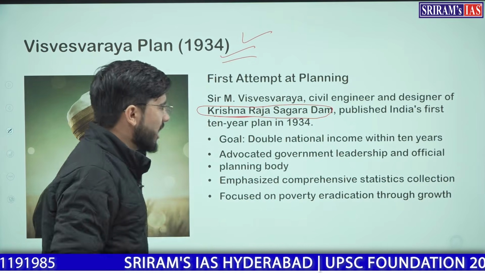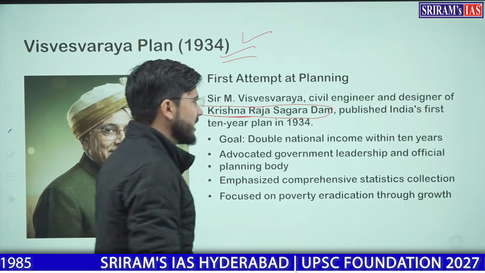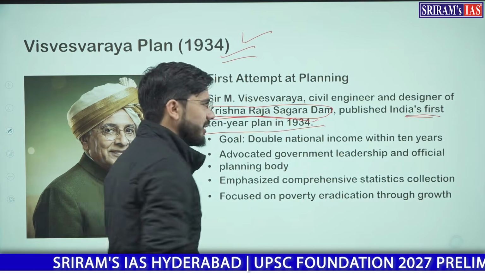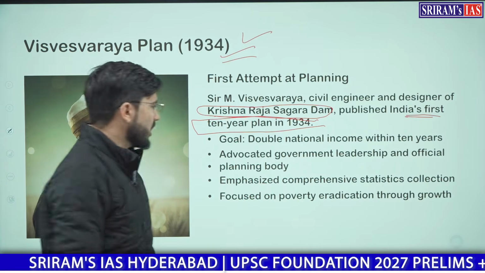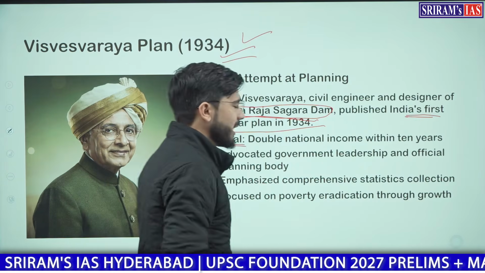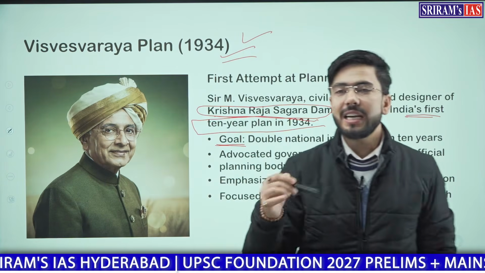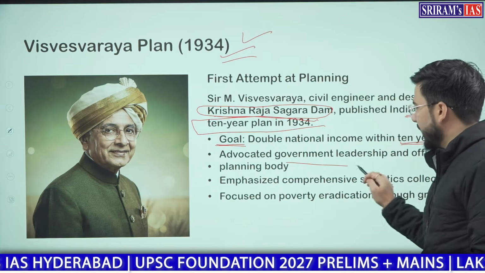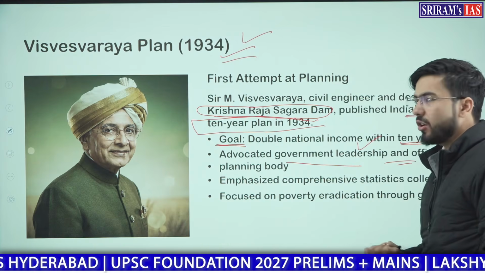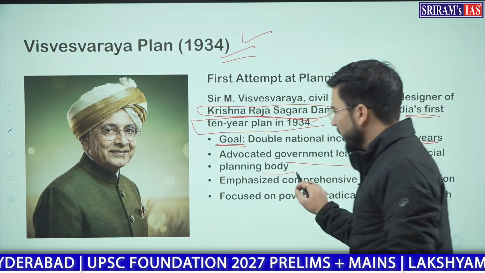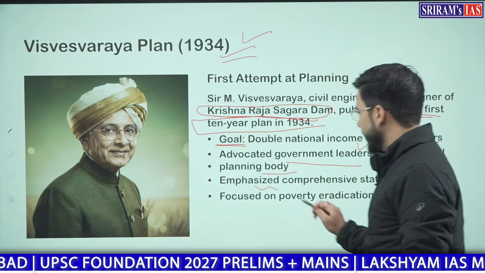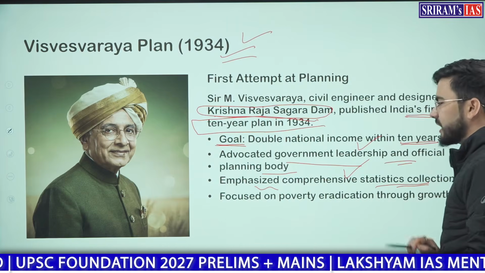Similarly, M. Vishveshwaraya, a civil engineer, published India's first 10-year plan in 1934. The goal of this plan was to double India's national income within 10 years. Second, it advocated government leadership and an official planning body at the central level. One more thing, it emphasized comprehensive statistics collection.